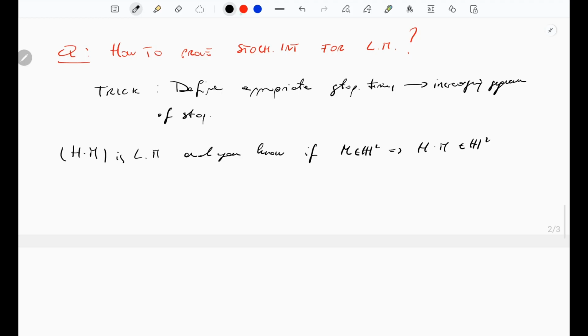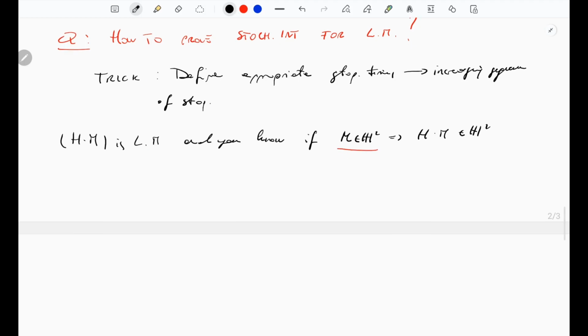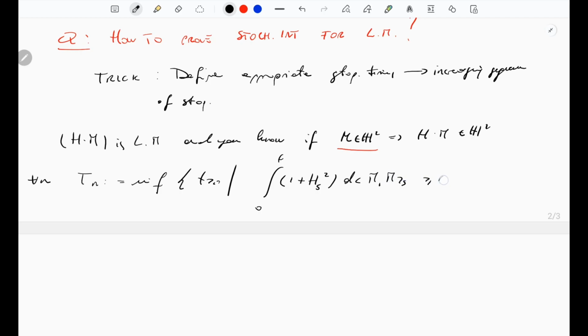So you have theory for bounded martingales in L2. You define T_n for every n as the first time that (1 plus H_s squared) against the quadratic variation of M goes above a threshold n.